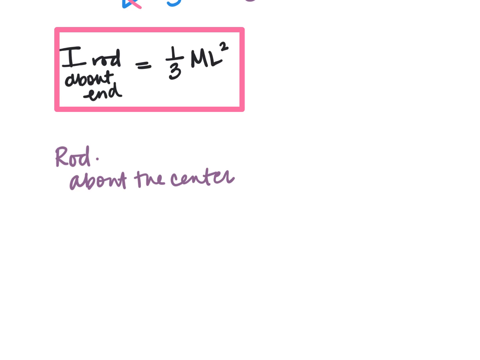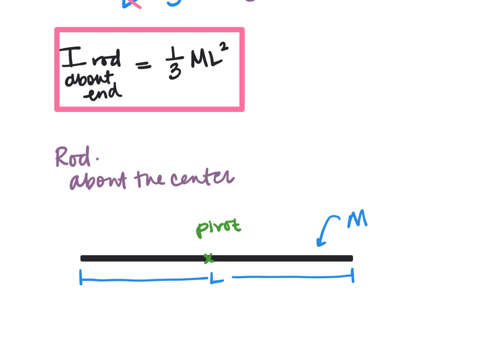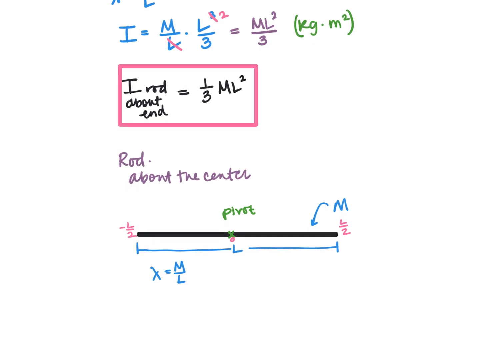Now let's find the rotational inertia of the rod about the center. It still has a mass m and a length L, and the mass per length is still uniform, so that ratio is the same for every point. But now we're starting from the center here, where this will be 0, and this point over here will be negative L over 2, and this point over here will be L over 2 to get the L distance between the two.